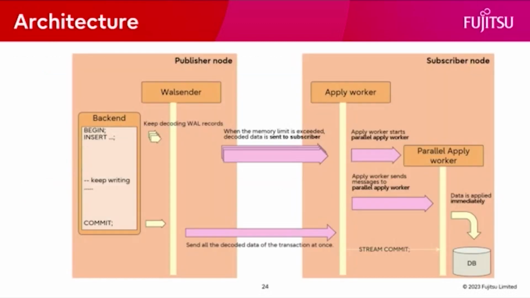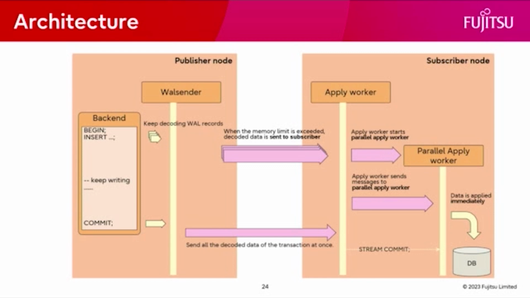This sequence diagram provides an overview of the internal architecture. The workflow on the publisher node, on the left side, is not changed. When the chunked transaction reaches the subscriber side, the apply worker starts a new background worker called the parallel apply worker and passes the received messages to it.